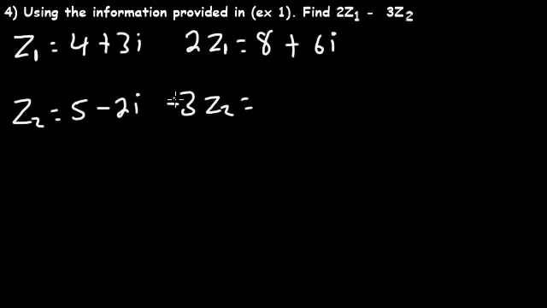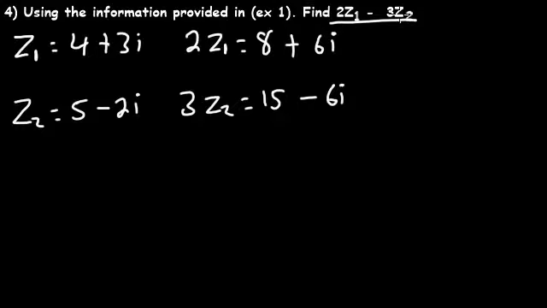But don't forget, if you do minus 3z2, when you apply the equation, you're adding them. So it's better we just do 3z2. Perfect. So 3 times 5 gives us 15 for the real part, and 3 times negative 2 gives us negative 6i for the imaginary part. i is still there.